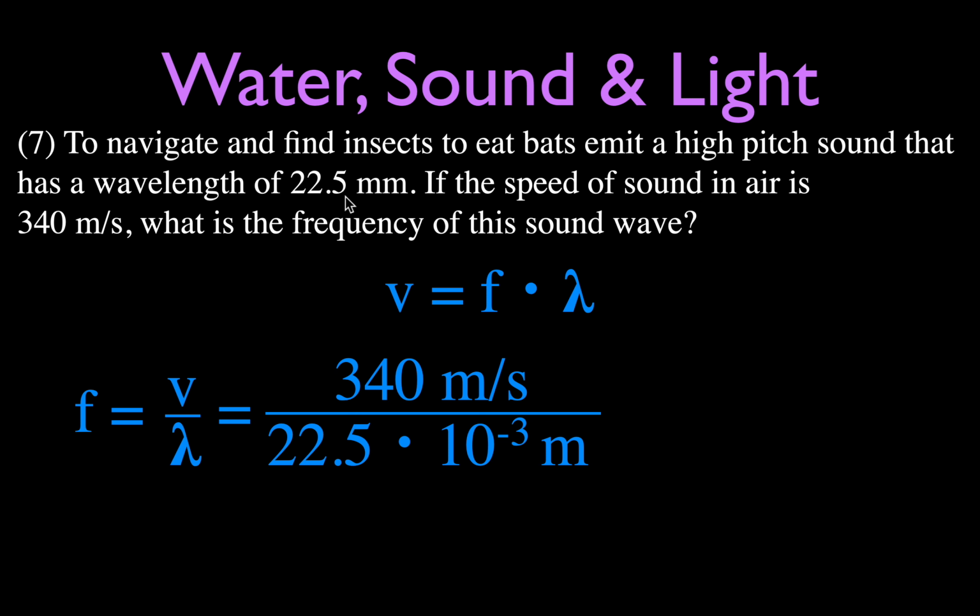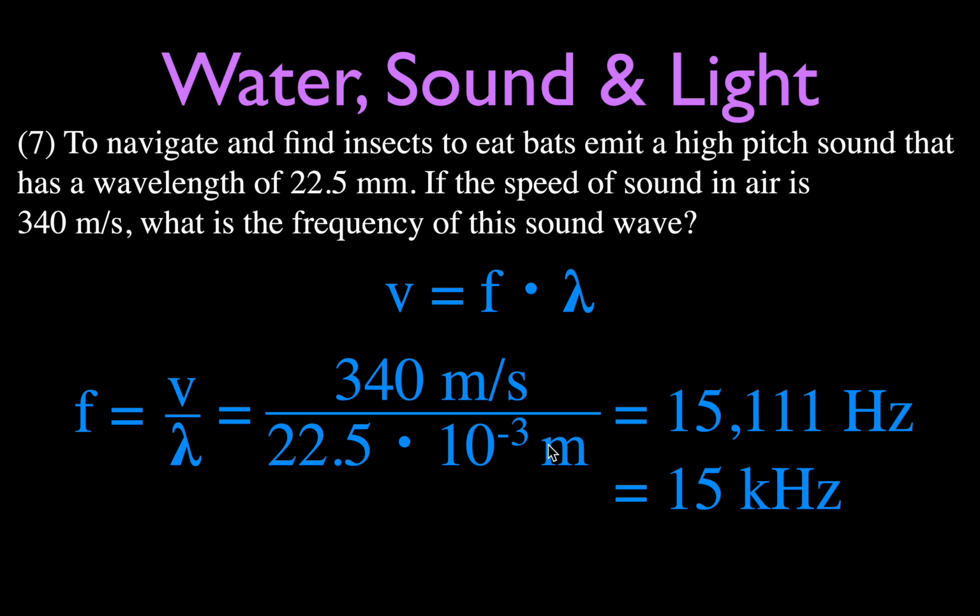We have to convert millimeters into meters, so that'll cancel with this meter. And then we get the frequency is 15,101 hertz, which we could write and approximate as 15,000 kilohertz. Okay, that's the frequency of that sound from the bats that you use to find insects.